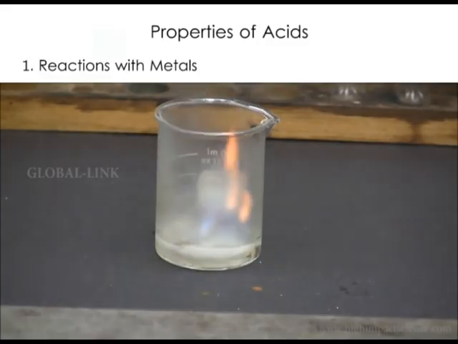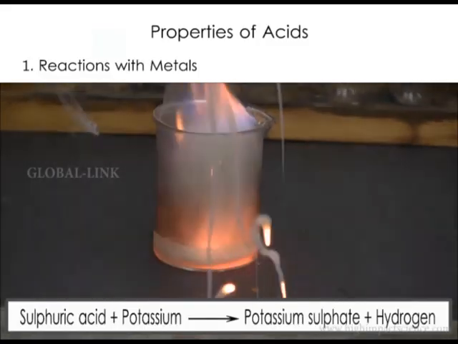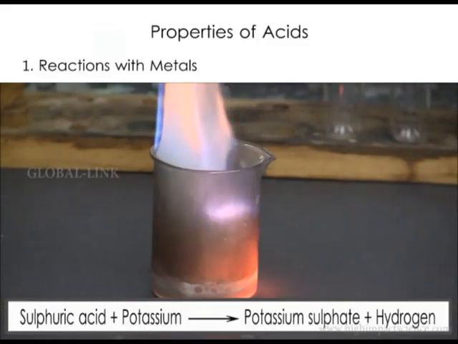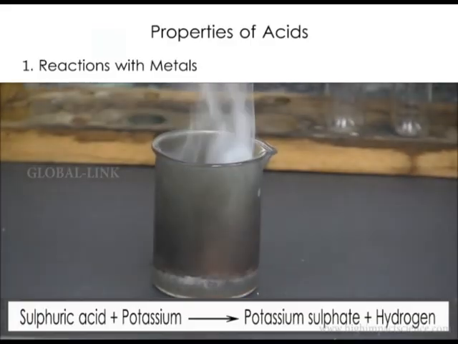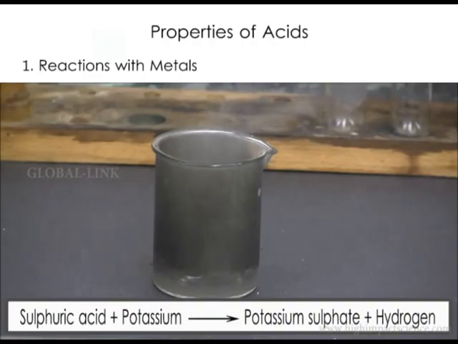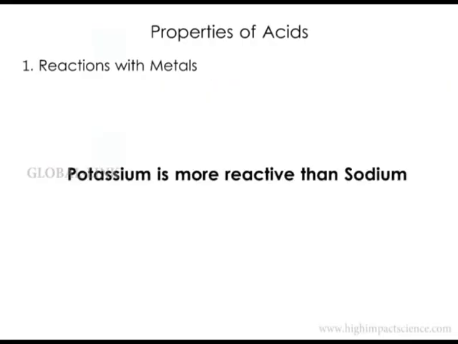The reaction is much more vigorous than in the case of sodium. It generates a lot of heat, which ignites the hydrogen gas being generated. And again, we can see that potassium is more reactive than sodium, which is more reactive than all the other metals we had seen before.